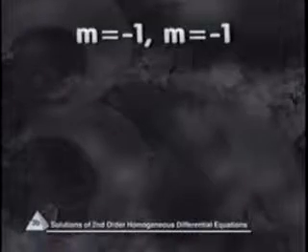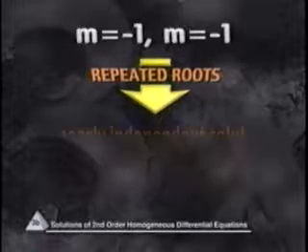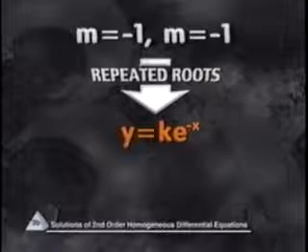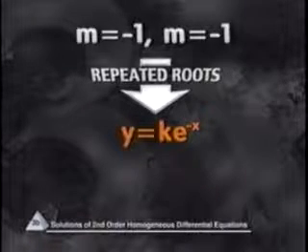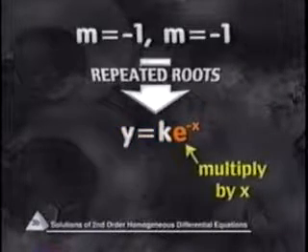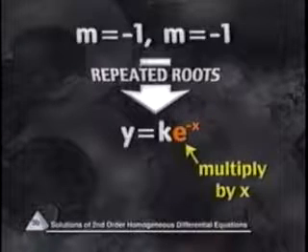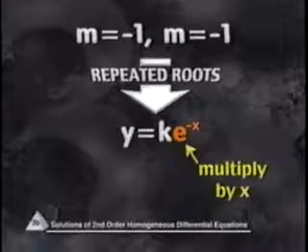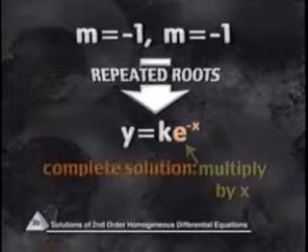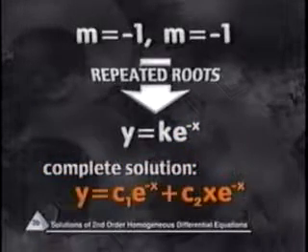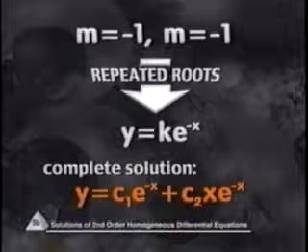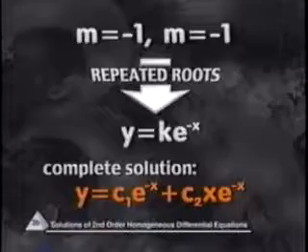In this example, we have repeated roots, and that gives us only one linearly independent solution, y equals k times e to the negative x. To get a complete solution, we multiply our solution, e to the negative x, by x, which gives us the second linearly independent solution. The complete solution to this example is y equals c1 times e to the negative x plus c2 times x times e to the negative x.